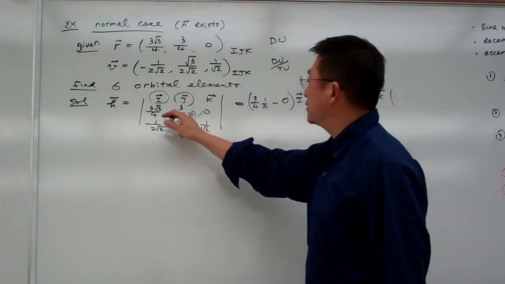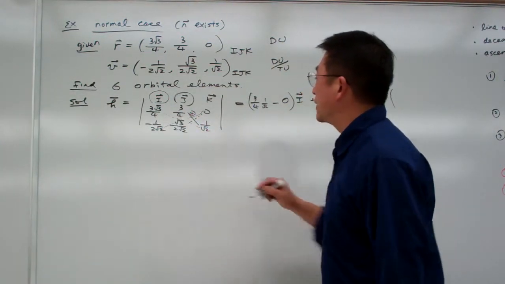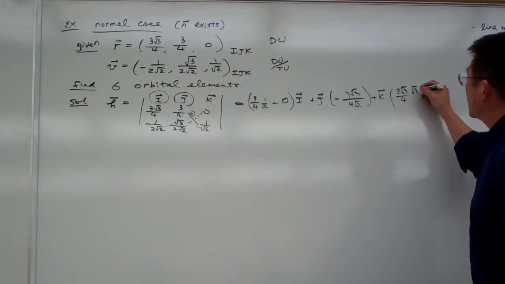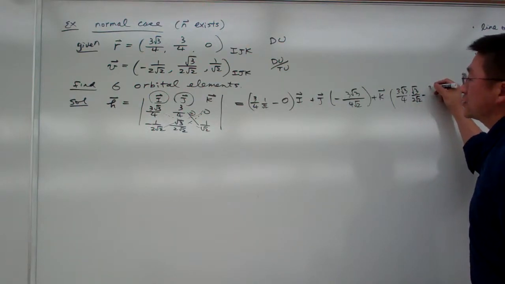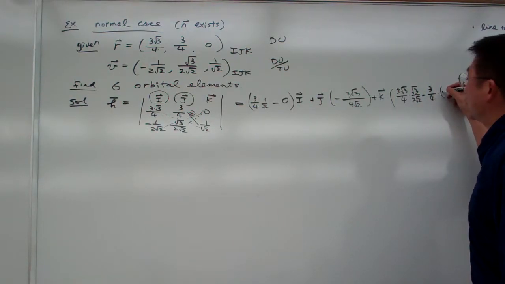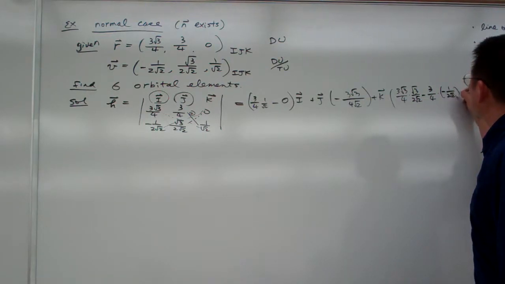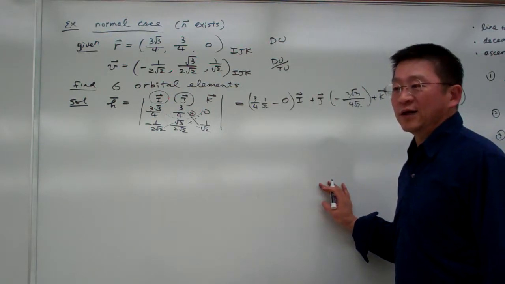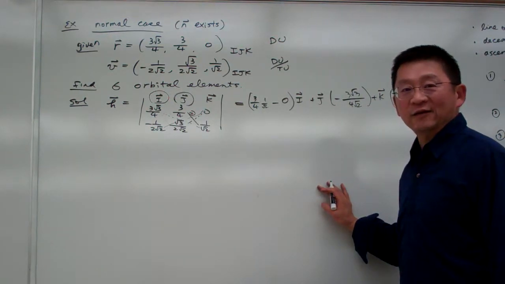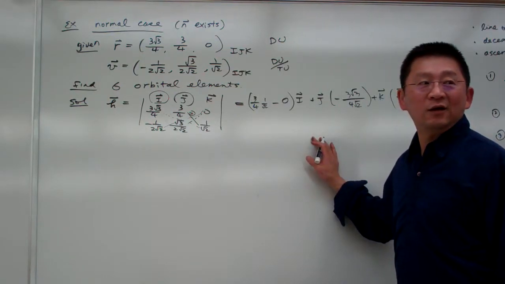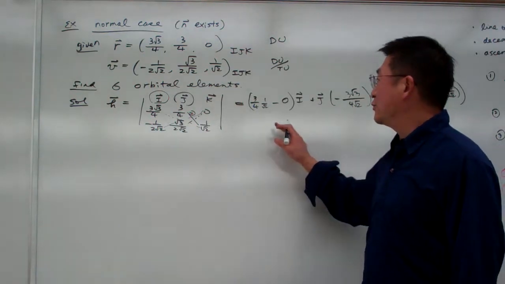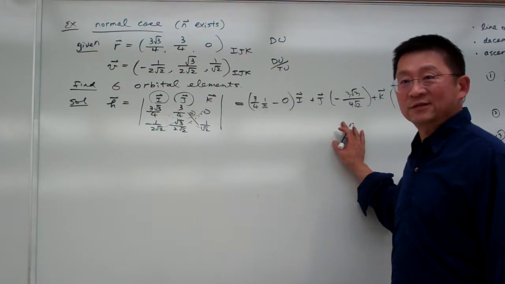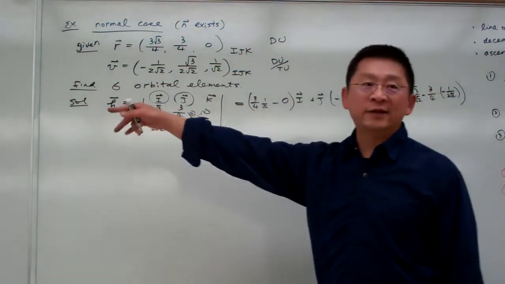K will be the same kind of multiplication, minus, so 3 square root 3 over 4 times square root 3, 2 square root 2, minus 3 over 4 times minus 1, 2 square root 2. I don't have a TI calculator, and I don't know whether that calculator has this kind of function. Do you know what I'm saying here? Otherwise, I will make another example for you.